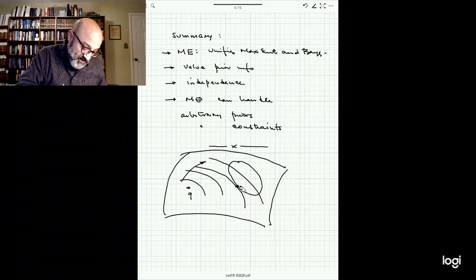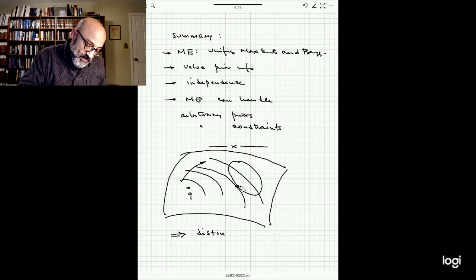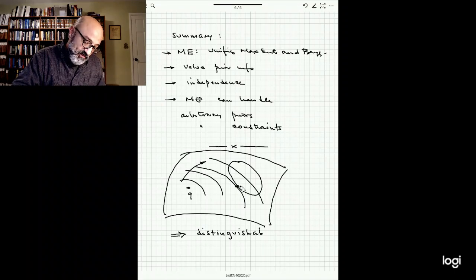That kind of question, how do you talk about whether probability distributions are distinguishable, distinguishability, is what's going to lead us to the subject of information geometry.